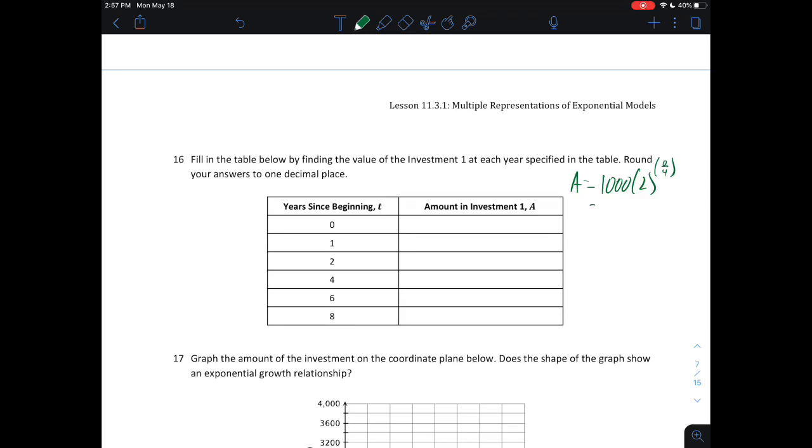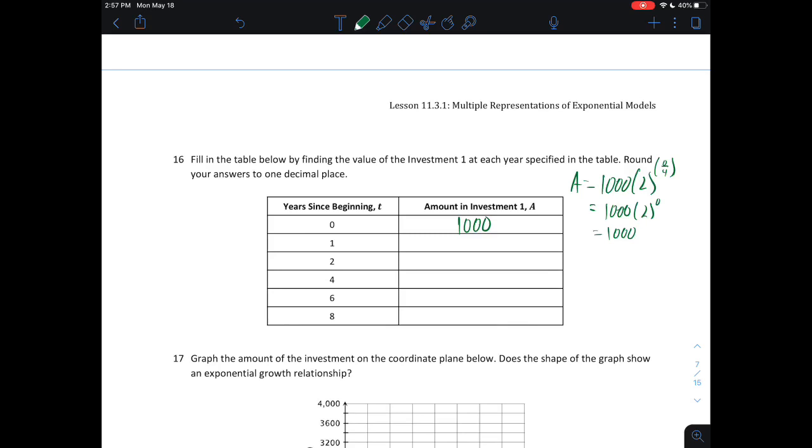So this is the same thing as 1,000 times 2 raised to the 0 power. Anything raised to the 0 power is 1, so this becomes 1,000 times 1, or just 1,000. So that works with our formula.